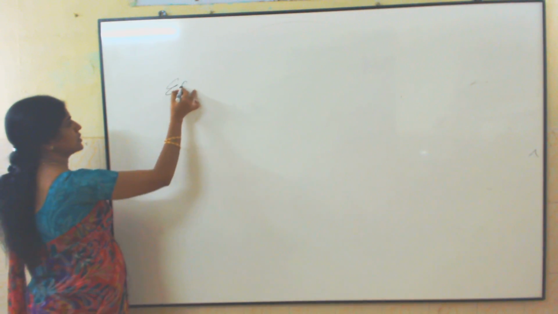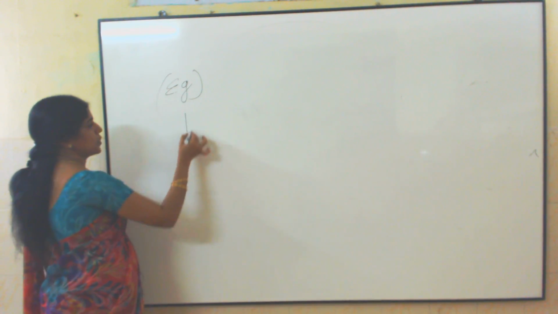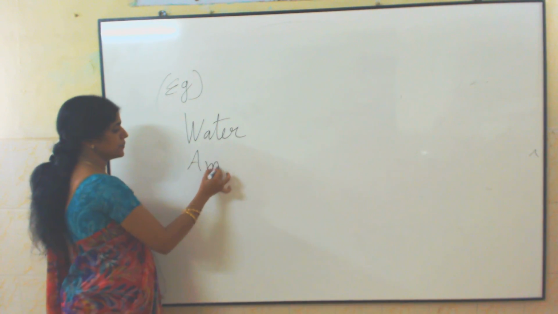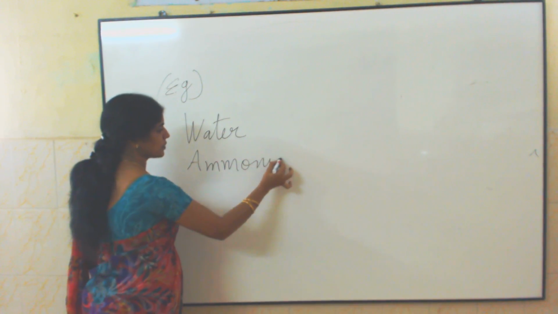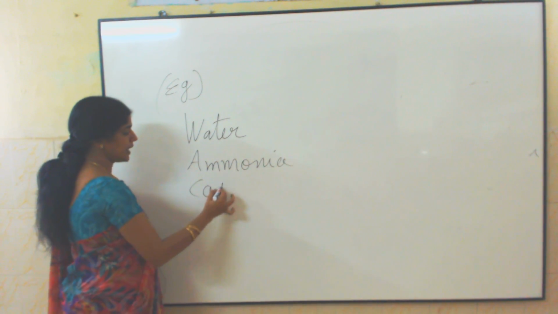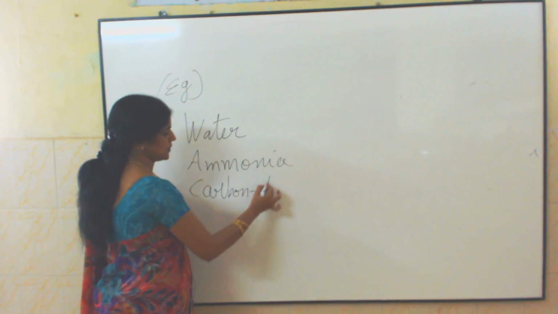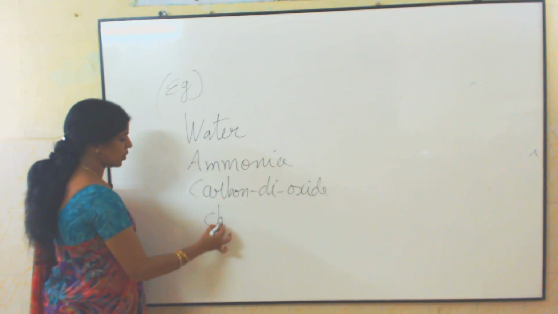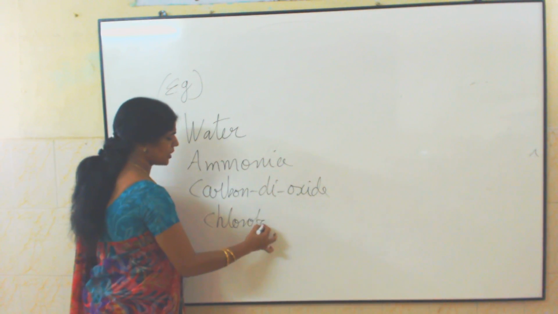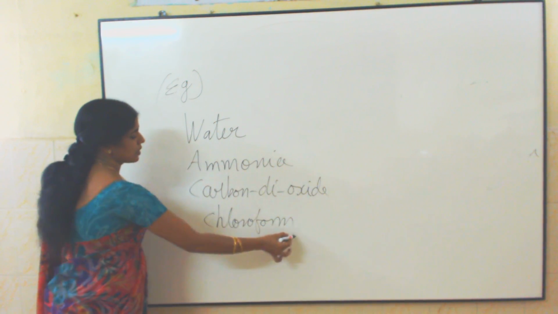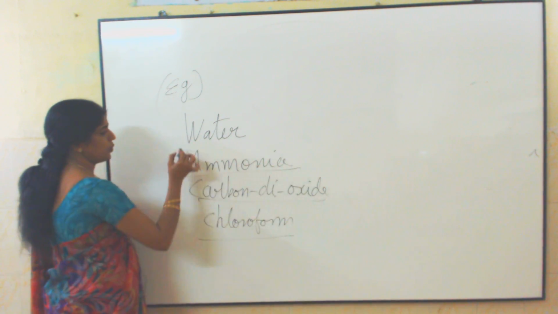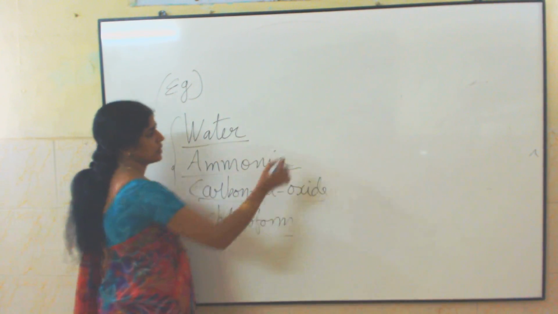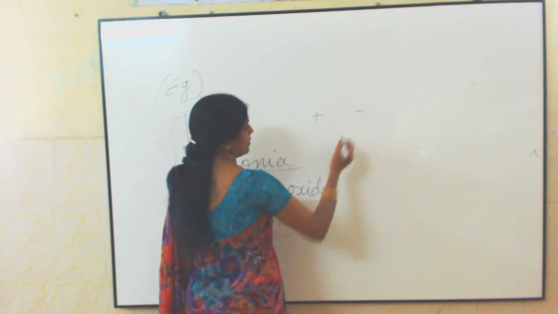Very good examples for electric dipoles are water molecules, ammonia, carbon dioxide, and chloroform. So, these are very good examples for electric dipoles. Chloroform, carbon dioxide, ammonia, water molecules. In all those examples, the positive and negative charges.